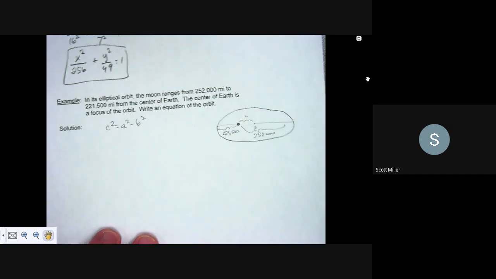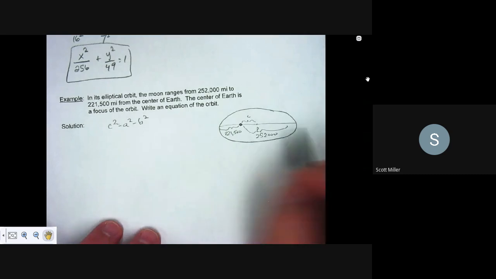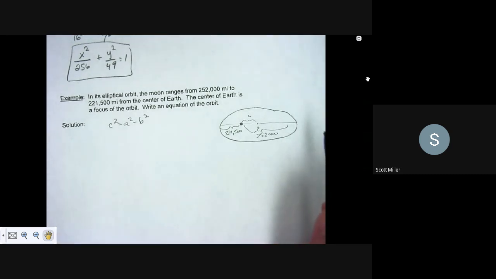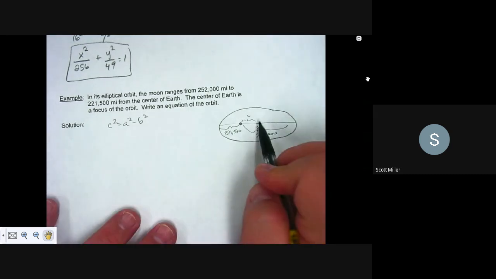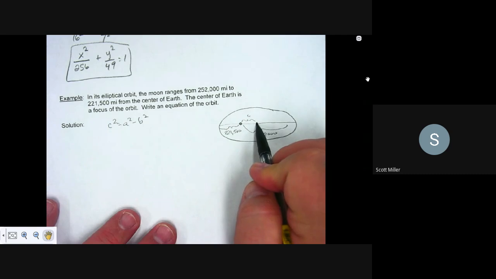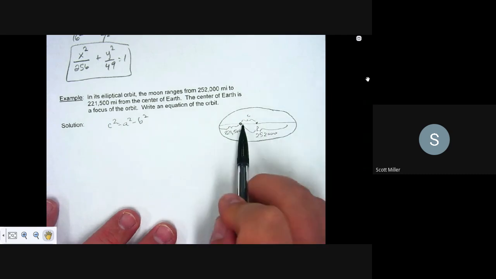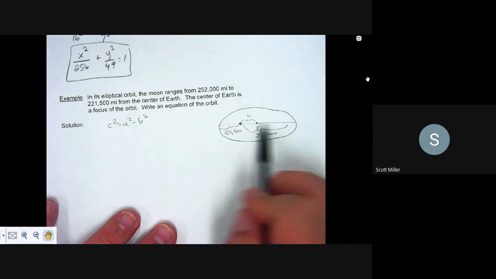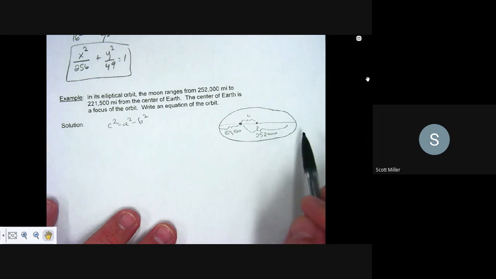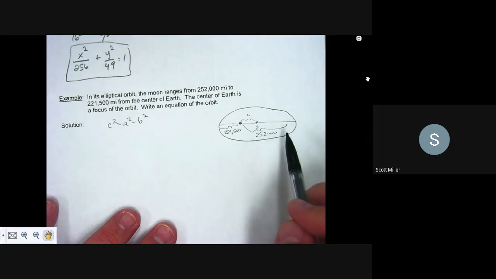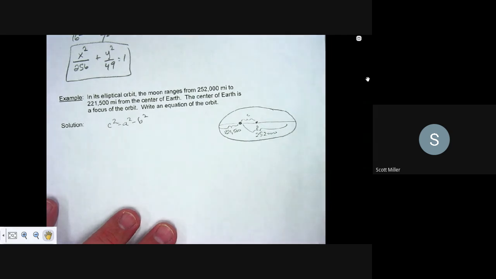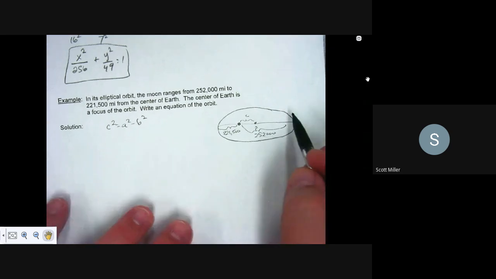Okay, there's a couple of ways to do this based off of what you're looking at here in this picture. One way is to recognize that this right here is the center. And the way I have it drawn, this distance plus that distance is the whole major axis length. So I can add those together and then divide by 2, and I will get A. So that is one way to do it.